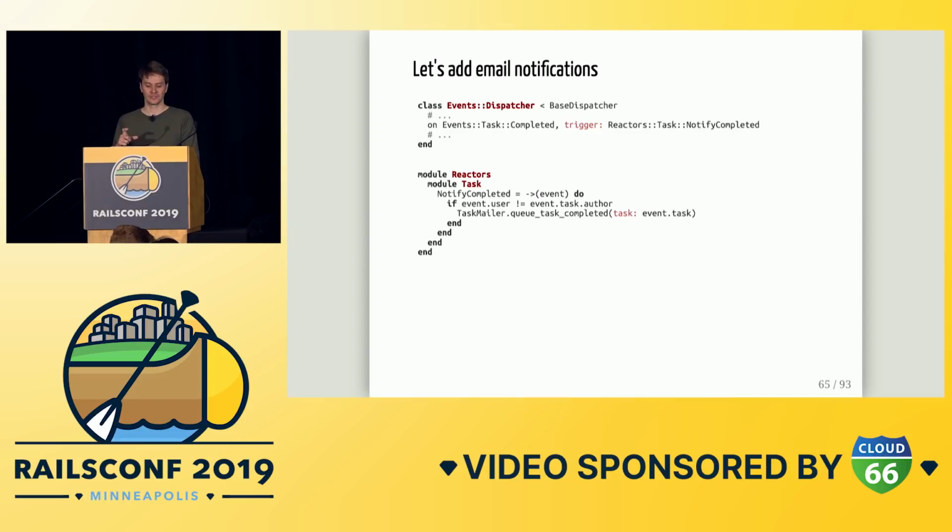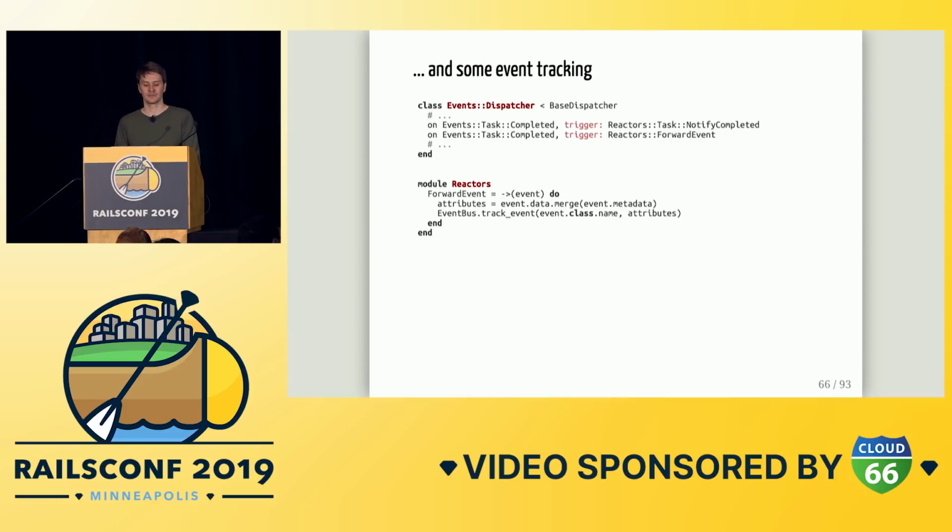And that reactor is just a lambda. It's just something that responds to the method call and takes an event as an attribute. So that can be a simple lambda or a proc, or it can be a class if you want to. And so basically here, whenever a task will be completed, that one reactor will be triggered and an email notification will be sent. Let's now add some event tracking.